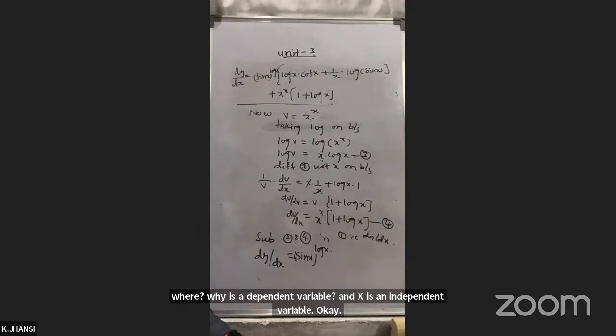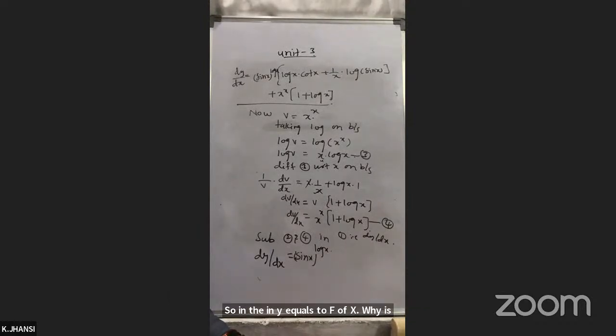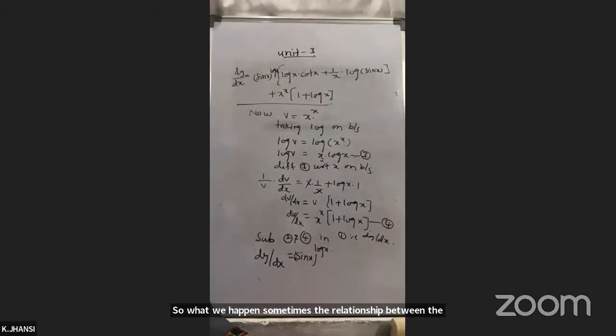Sometimes the relationship between the two variables x and y will be such that it will be in terms of another variable. x will be in terms of another variable and y will be in terms of another variable. So in such cases, we will use parametric differentiation.